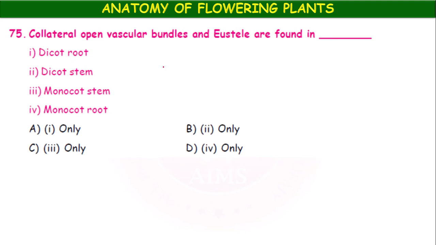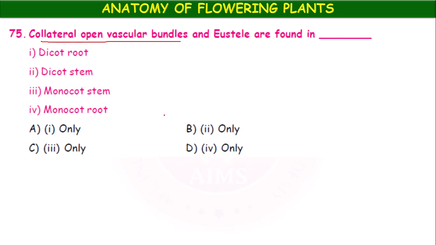Next, collateral open vascular bundles and eustele are found in dicot root, dicot stem, monocot root. Open means what, children?